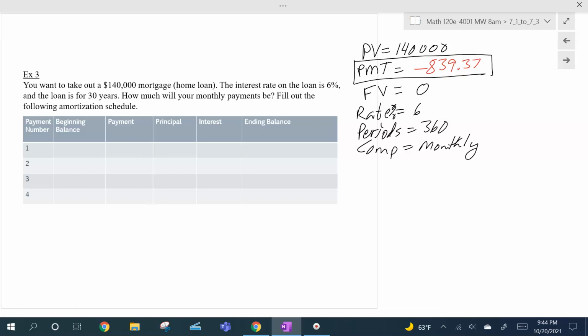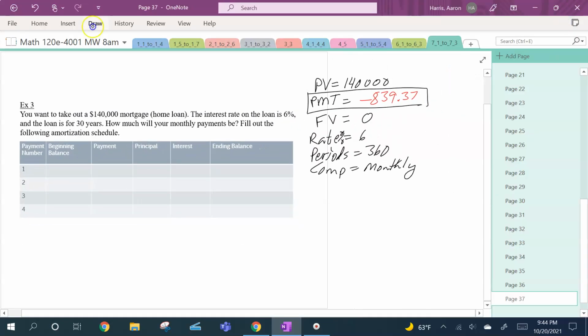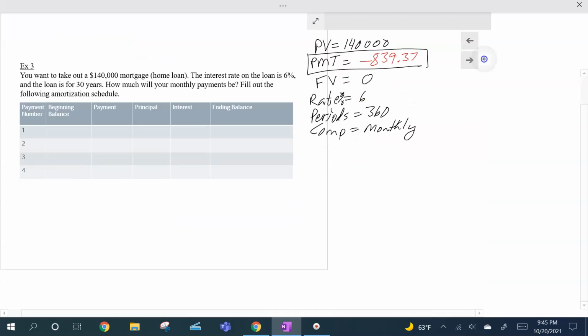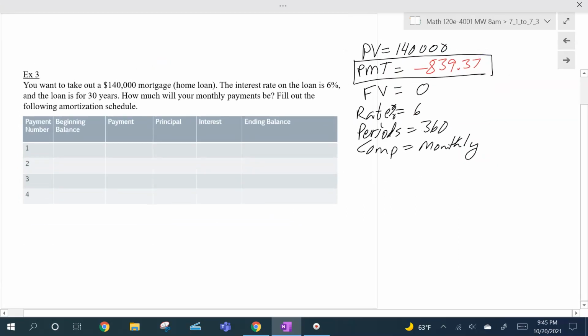So let's fill out this amortization schedule now using our financial calculator. So the beginning balance for the first payment, we owe $140,000 on the house from the get-go.